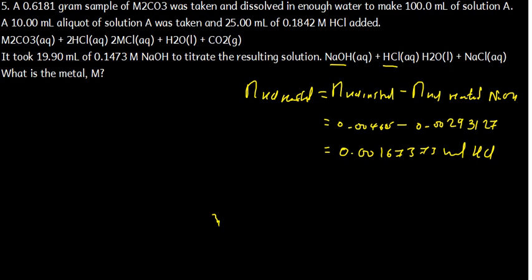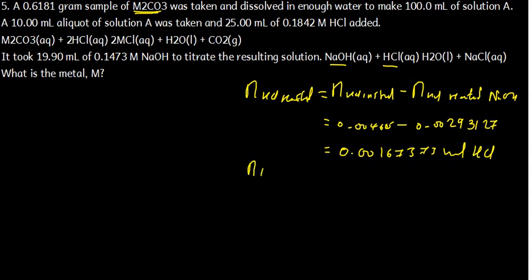Now we need to pay a little bit of particular attention here. We can first find the number of moles of this metal here. Of course we don't know if it's a metal or what, but all we know, this compound M2CO3, from what you can see here, is reacting with 2 moles of hydrochloric acid. It means if we have the number of moles of hydrochloric acid which reacted, we're able to find the number of moles of this compound which reacted.